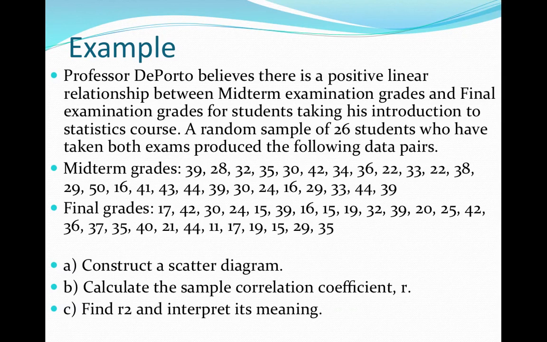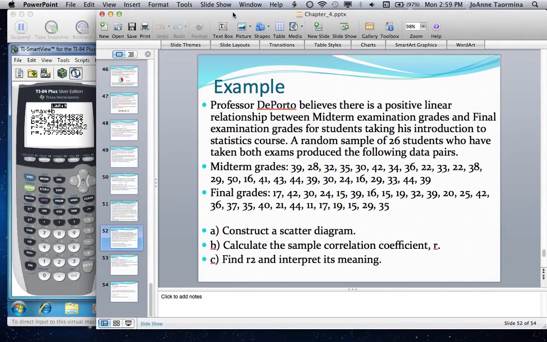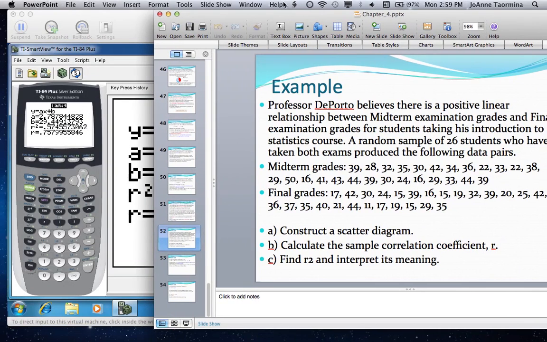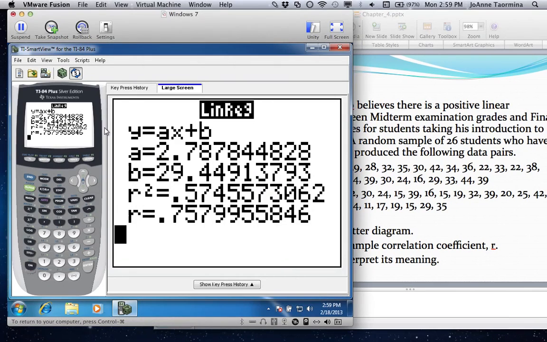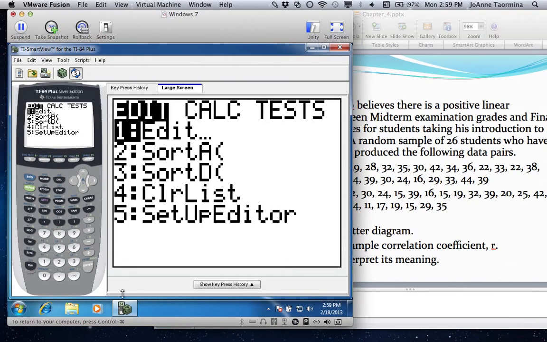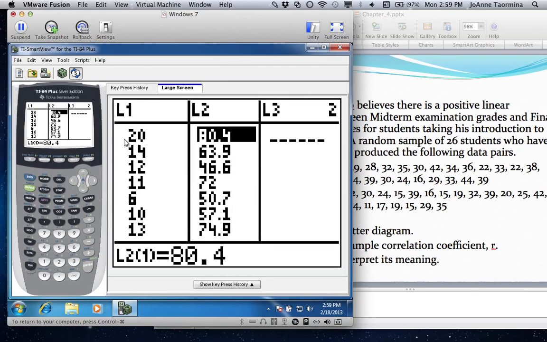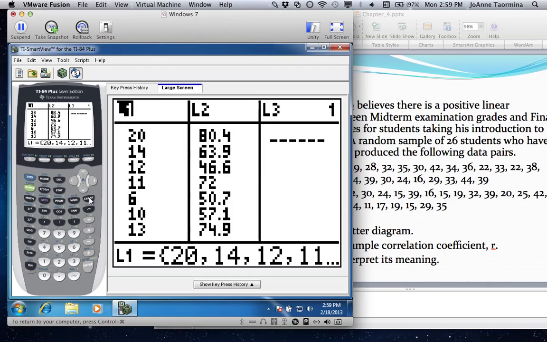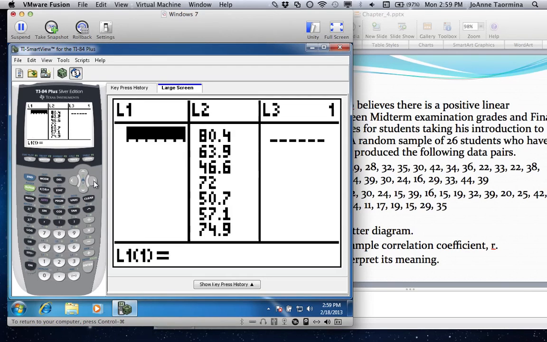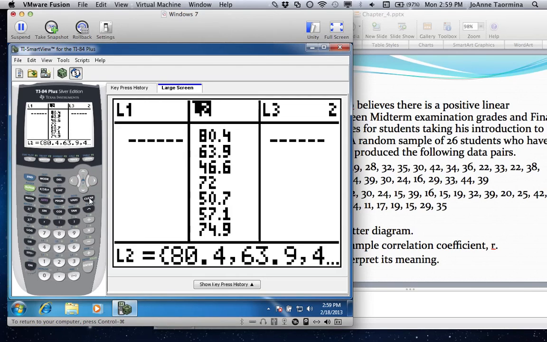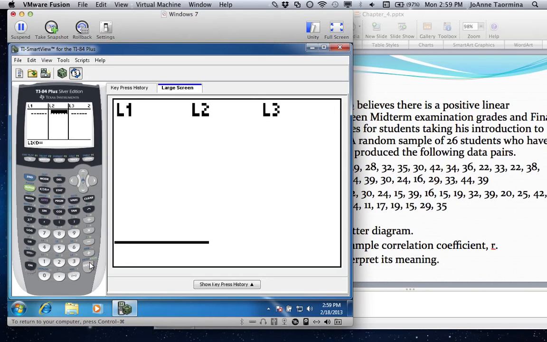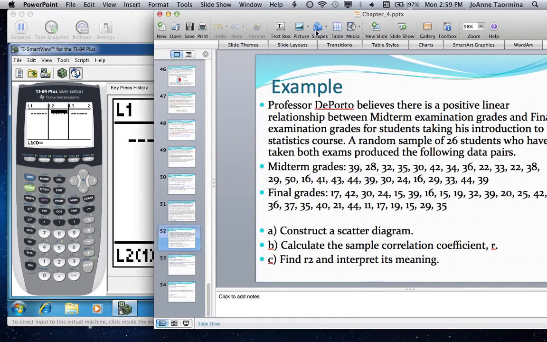Okay, let's take a minute. We're going to put the data into our calculator and construct a scatter diagram. So, stat, edit. I am going to clear out the data that we had put in our list for the life expectancy and average length of schooling.